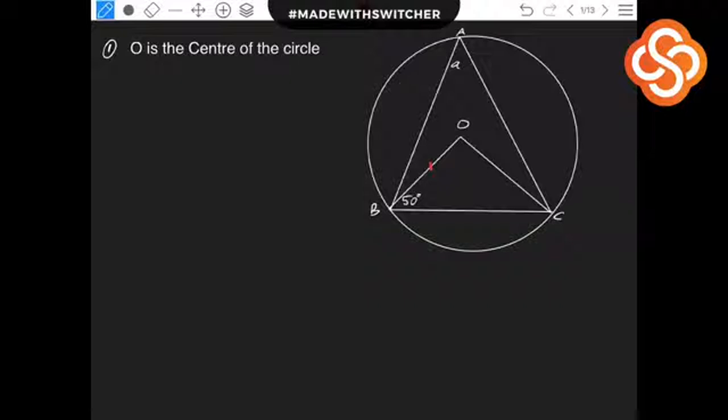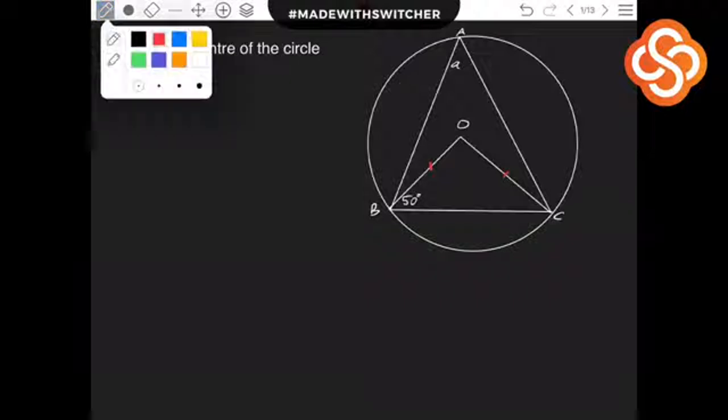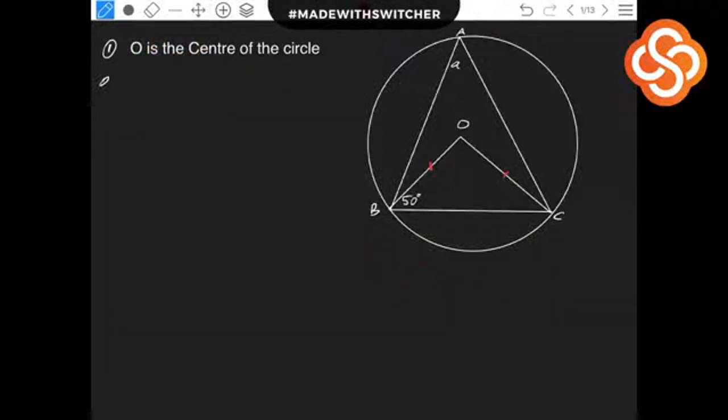So now OB is equal to OC, and the reason for this is because both of them are radii of the circle. So now we say OB is equal to OC, and the reason we say is equal radii.